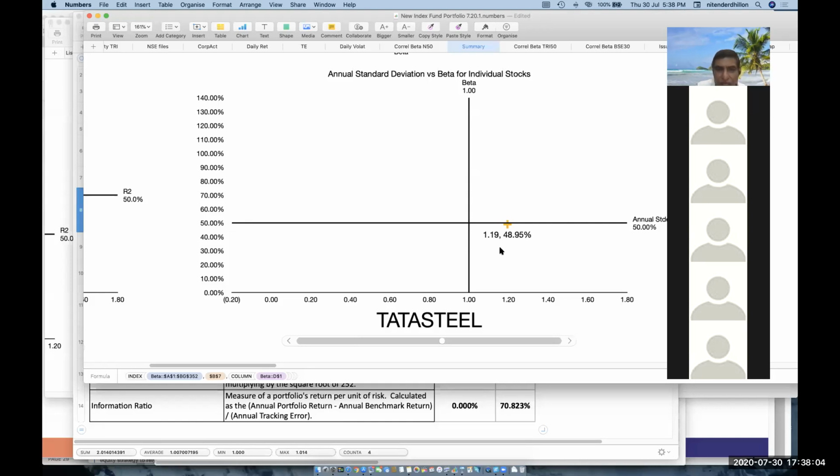Tata Steel 1.2. So metals and your BFSI are on the higher side. Similarly, if you look at life insurance also, closer to 1, HDFC and the ETF.